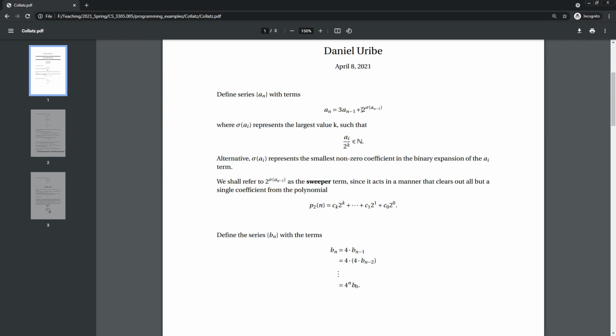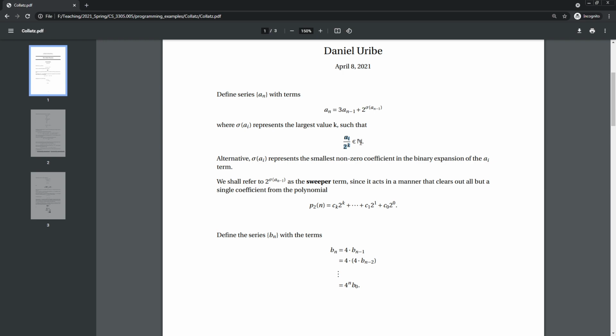So this is entirely new notation, this sigma, and you pass it in the previous term, right? So this could be a n plus 1, and this could be a n, right? But here in this convention we're using the previous term. So sigma considers the previous term, the input to the current function, and it returns the largest such value k, where a i divided by that power of 2 to the k is a natural number.